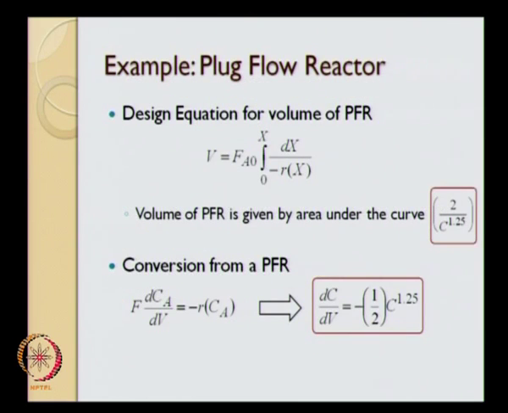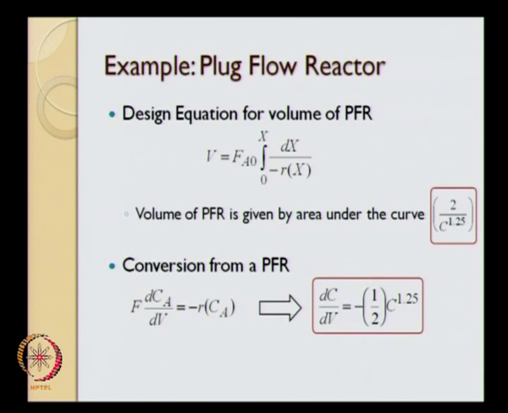Okay, we started off with an example of the plug flow reactor. What we said is that for a straightforward single reaction system, we have the design equation for the plug flow reactor, where the volume of the plug flow reactor is going to be given by the area under the curve. For the specific example that we took, the volume of the PFR was computed by the area under the curve 2 divided by c to the power 1.25.